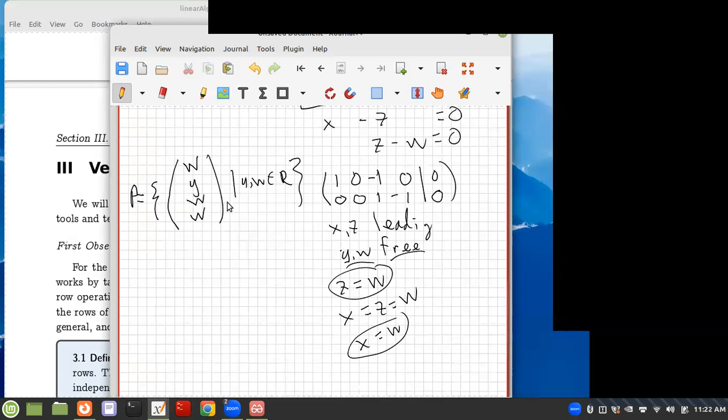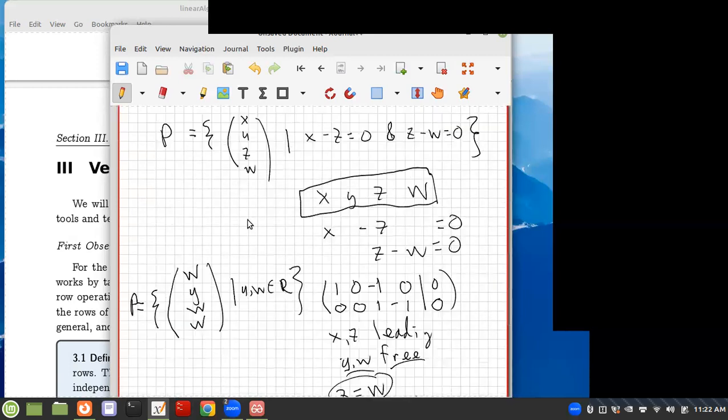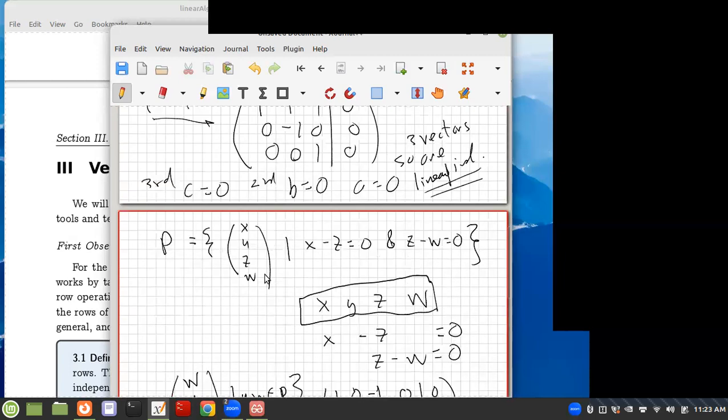Now my goal, apart from this technical thing, was to find a basis for this space. The first idea for finding a basis for a space is to find a span, and then check whether it's linearly independent.